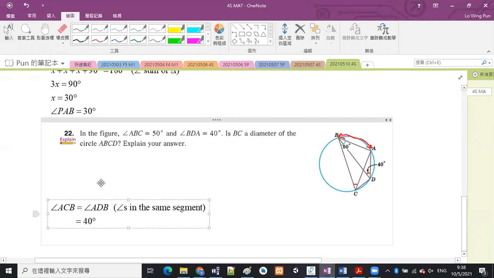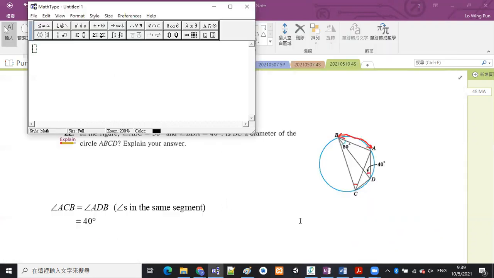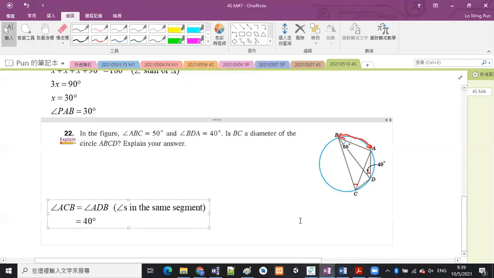And now we can calculate angle BAC, our target angle, to see whether it is 90 degrees or not. So angle BAC is equal to 180 degrees minus 50 degrees minus 40 degrees. And this is angle sum of triangle. So it is really equal to 90 degrees.